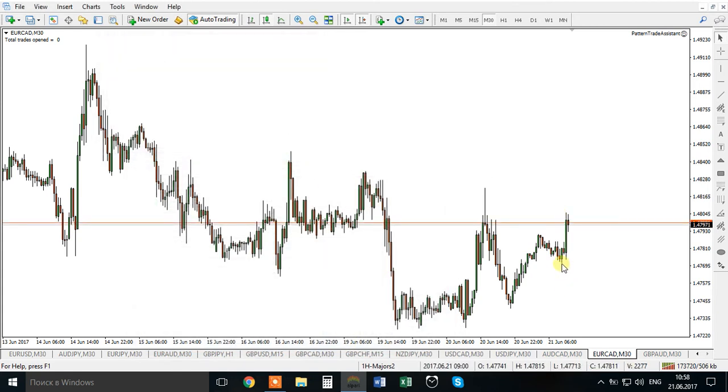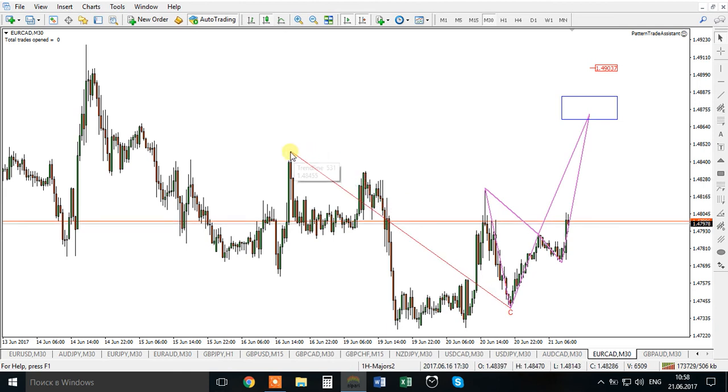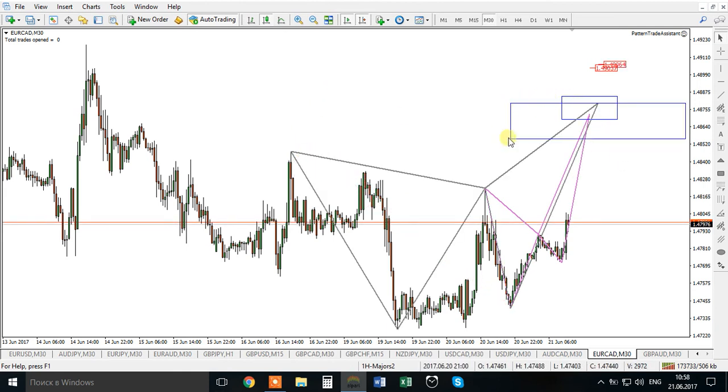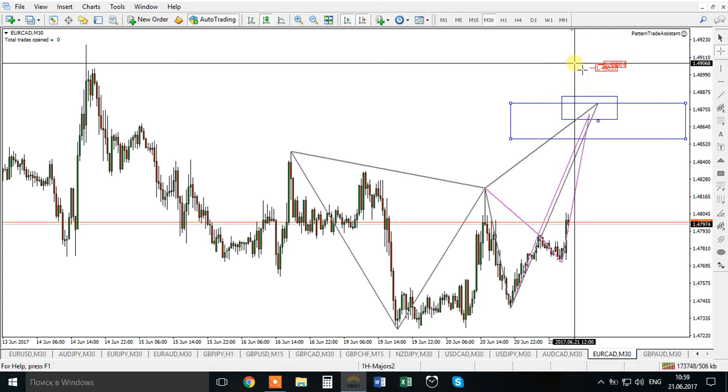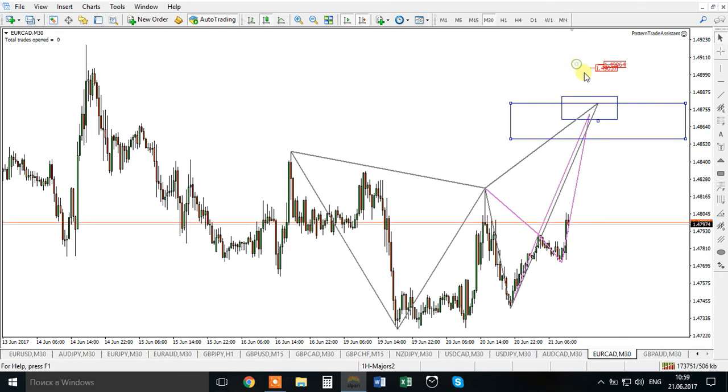Okay, so if we draw this pattern like this, we have one rectangle, one potential reversal zone, and if we draw the pattern like this, then we have a larger pattern that is called a butterfly pattern. Purple is a crab pattern, and gray is a butterfly pattern that also has that potential reversal zone that is a bit larger, but mostly it coincides with that, and stop losses also almost coincide.